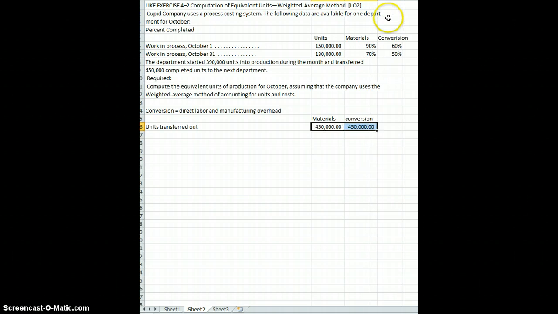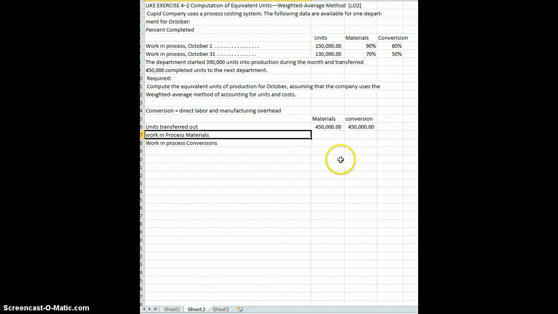Next, we're going to take a look at the work in process. We have two work in process areas, work in process materials and work in process conversion. Those are our two different areas here. For work in process materials, we have 130 units at 70%.